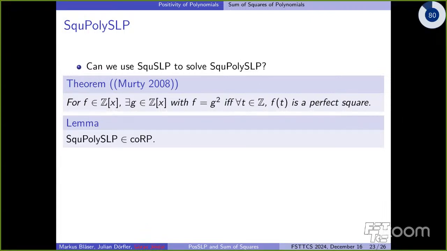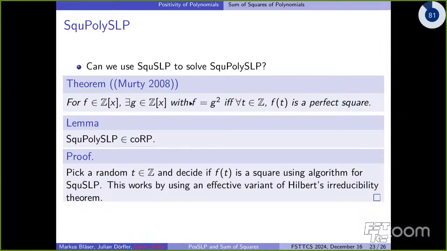And then by using some effective variant of this lemma, you can prove that this problem is also in co-RP. Also note that there is no restriction on the degree of f here, so the degree of f can be exponential. If the degree of f was polynomial, then I could actually compute g by using some Taylor approximation or something.